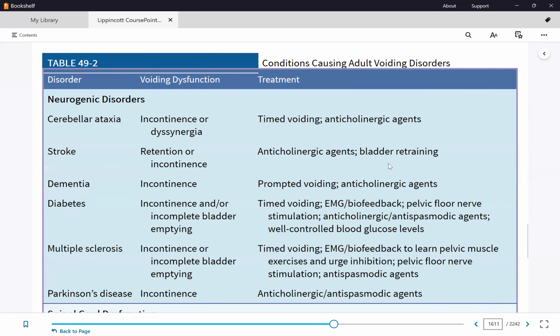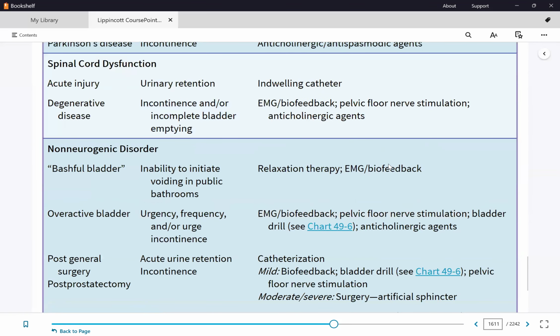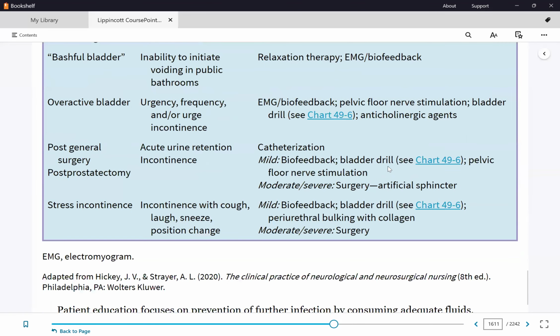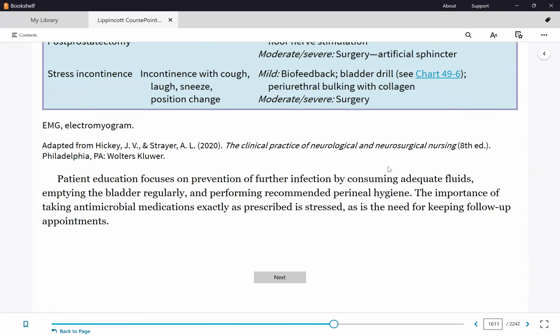I won't read all of them. If you have these conditions, these are the specific options to maintain kidney function. So let's say it's a stroke, for instance, then this will be the treatment, because it can lead to that condition.